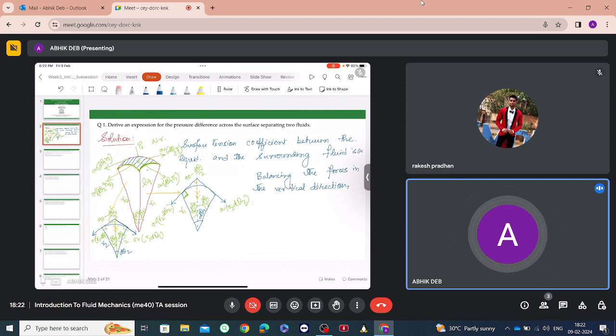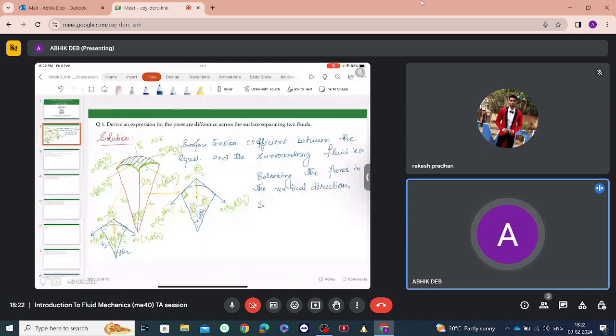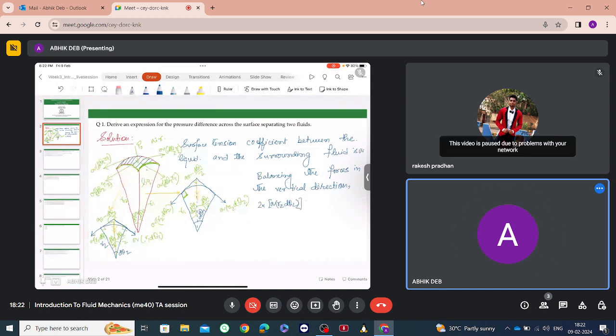So we can write 2 multiplied by sigma r2 d theta 2 and the cos of 90 minus d theta 1 by 2.